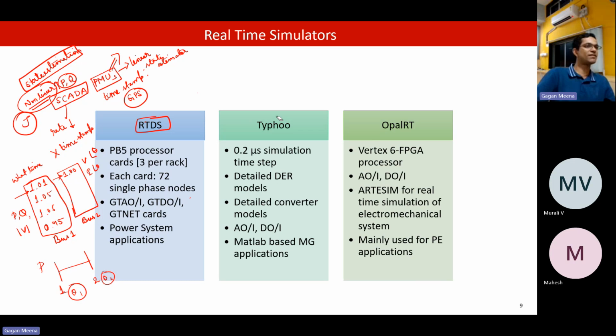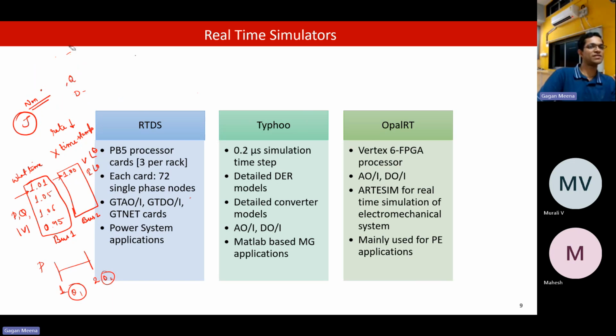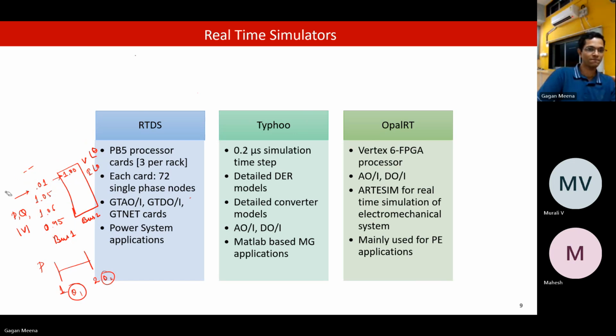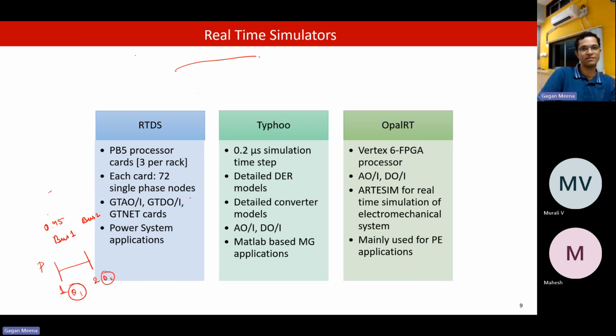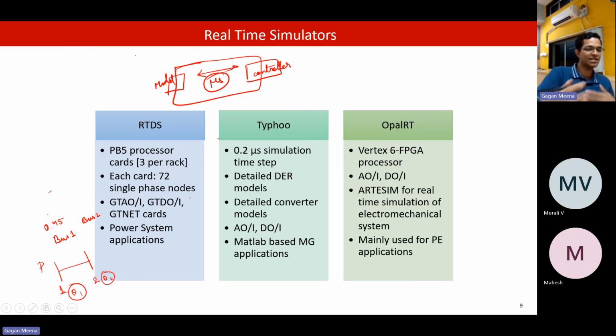They will mimic as if we are working with the actual real-world system. And the loop which is running here is the model in RTDS, and here we have some controller or other hardware. They will communicate with each other at a very small time step, microseconds. So everything is happening as if it is happening in real time.